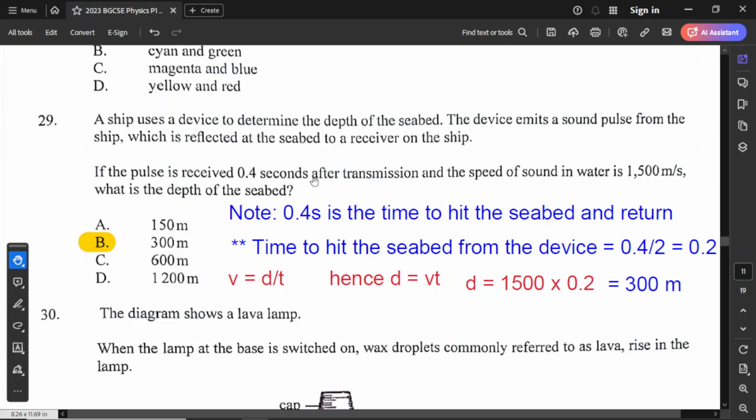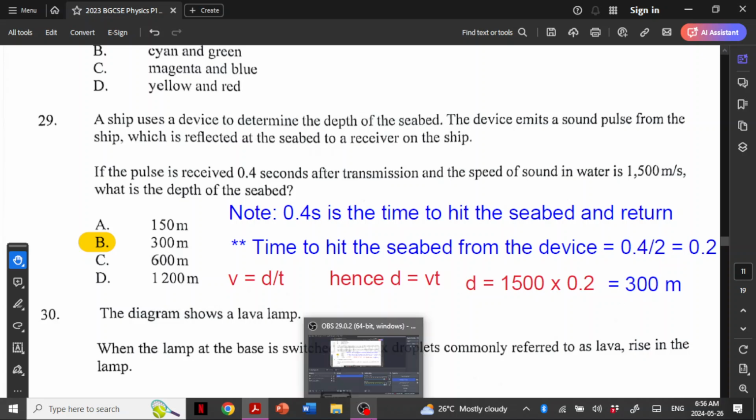If the pulse is received 0.4 seconds after transmission and the speed of sound is 1,500 meters per second, what is the depth of the seabed? Notice it takes 0.4 seconds to leave the ship, go to the seabed and return. So please note that the 0.4 second is the time to hit the seabed and return.